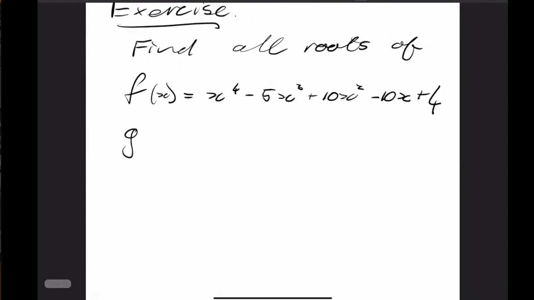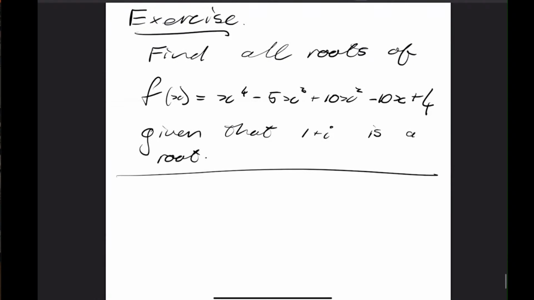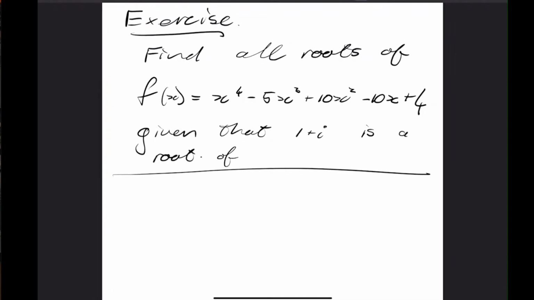Given that 1 plus i is a root of f of x.